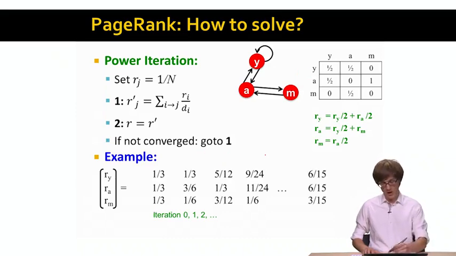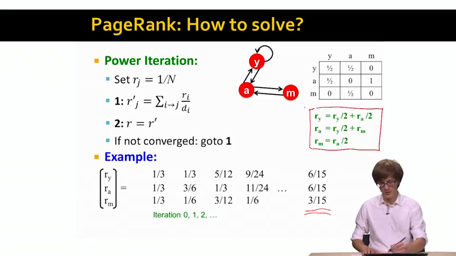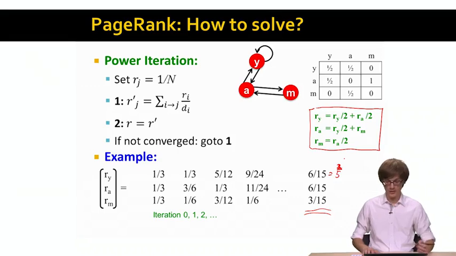At the end, r would converge to a vector that I show you here, where A and M nodes would have the importance of 6/15, and Y would have the importance 3/15, which is exactly the same values as we got before when we were trying to explicitly solve our system of flow equations, right? 6/15 is the same as 2/5, and 3/15 is 1/5.